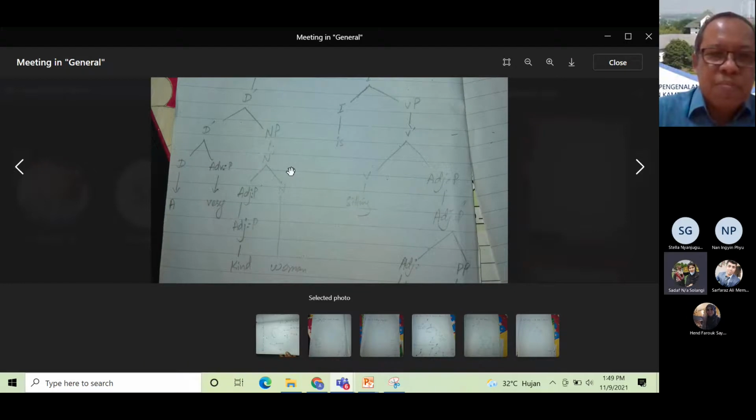What we need to write is only the names of the phrase. If it is a noun phrase, you use NP. If it's an adjective phrase, then you use AP.